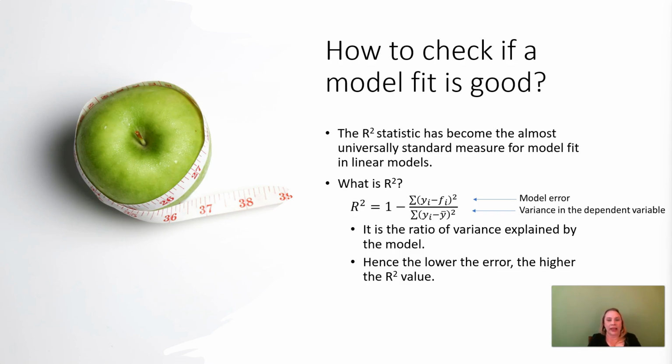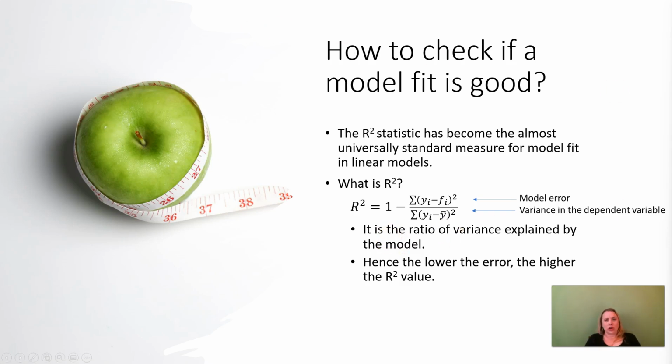And if we have a larger R-squared value, looking at this portion of our function, this means that either the variance in the dependent variable is really big, or the amount of our model error is really small. So our top number is really small, or our bottom number is really big, or both, allowing for us to have a larger R-squared value.